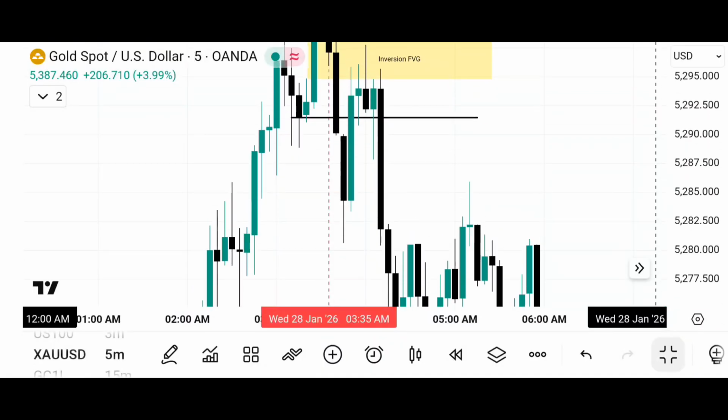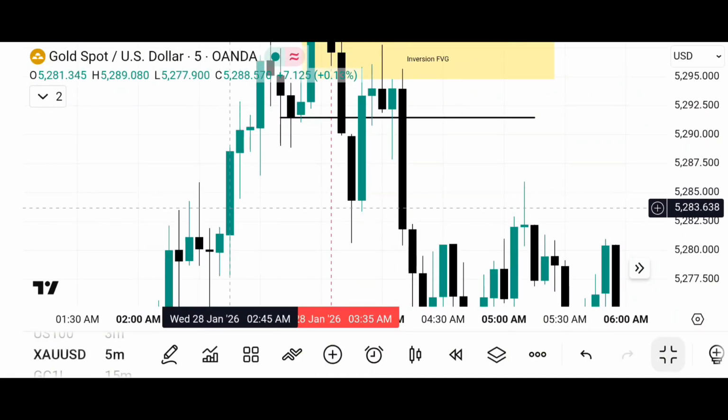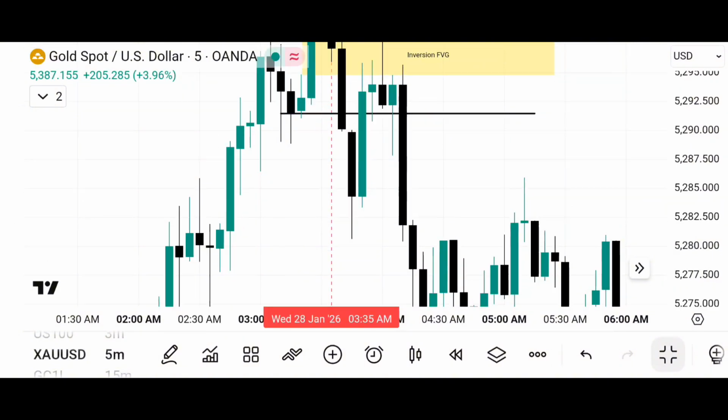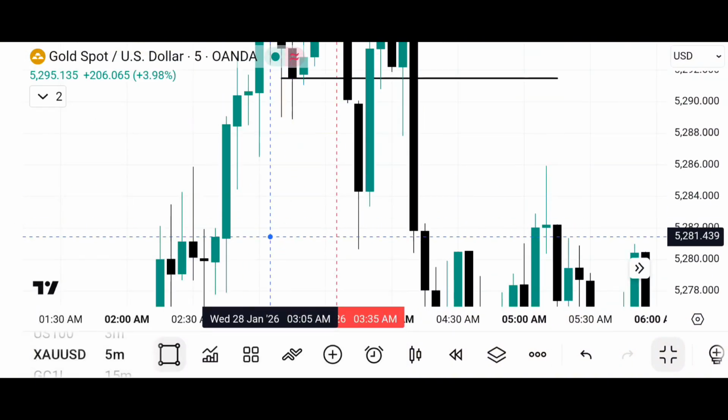So there are more. You can see the bullish fair value gap right here in price. Let's draw this out and extend it to the right side of the curve.